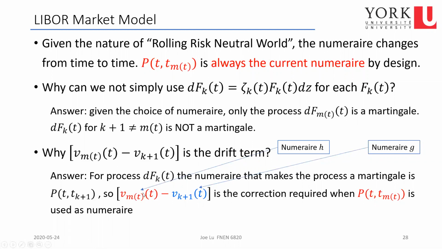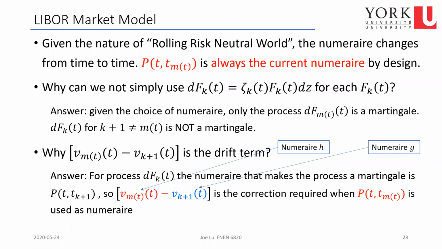So this will give us the drift of the forward rate for a particular time point k here. So as I mentioned earlier, only one point along the forward rate curve follows the martingale process for a period of time.